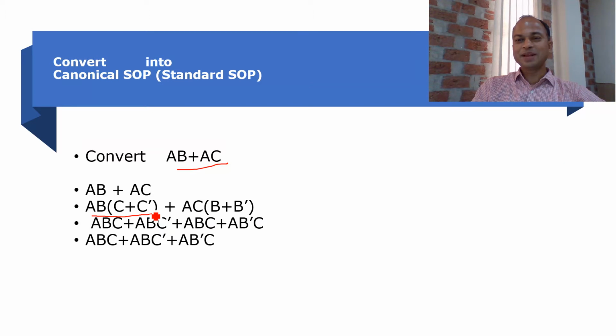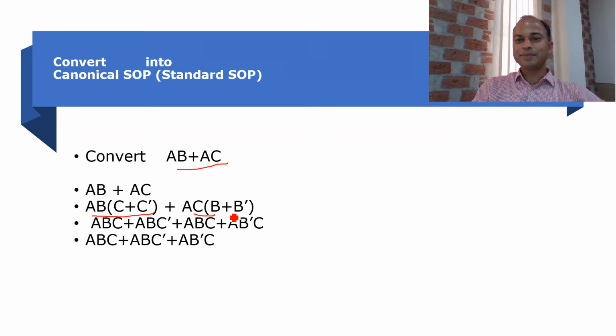Why are we multiplying by C plus C dash? The reason is very simple. Variable C is missing here and we want to introduce the C variable. Therefore, we have multiplied by C plus C dash. Similarly, AC is multiplied by B plus B dash.